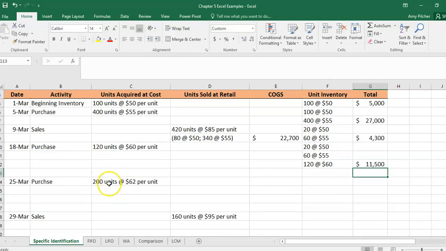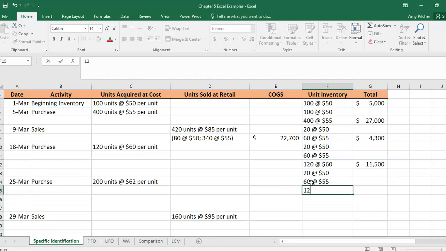We then make a purchase of 200 additional units at $62 per unit. So we have the same 20 at 50, 60 at 55, and 120 at $60.